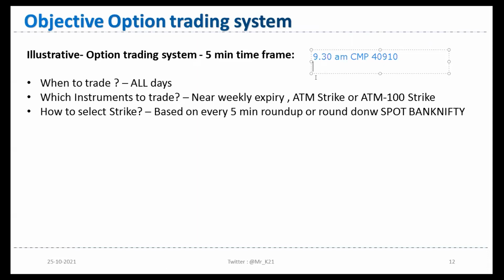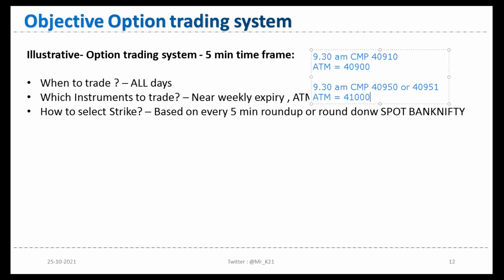So in this case, our ATM is equal to 40,900. Say, for example, at 9:30 a.m. the CMP is 40,950 or 40,951, then our ATM is equal to 41,000.